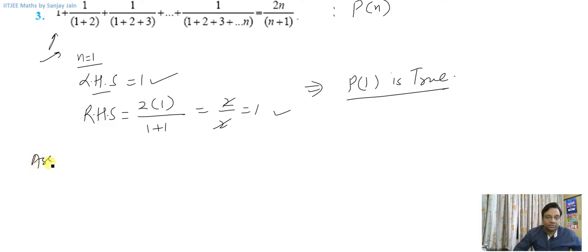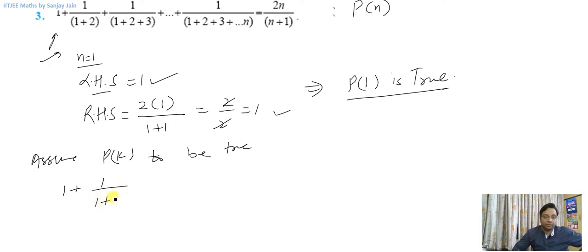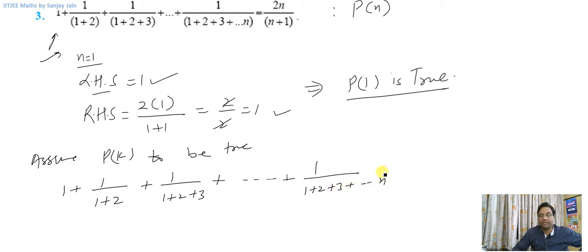So let us assume Pk to be true, or for n equal to k, the statement to be true. We are assuming. So this will give me 1 plus 1 upon 1 plus 2 plus 1 upon 1 plus 2 plus 3 plus and so on 1 over 1 plus 2 plus 3 plus up to k.